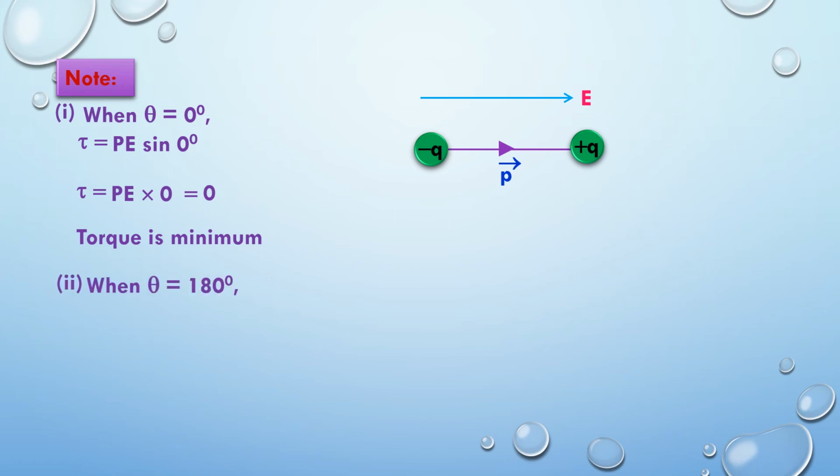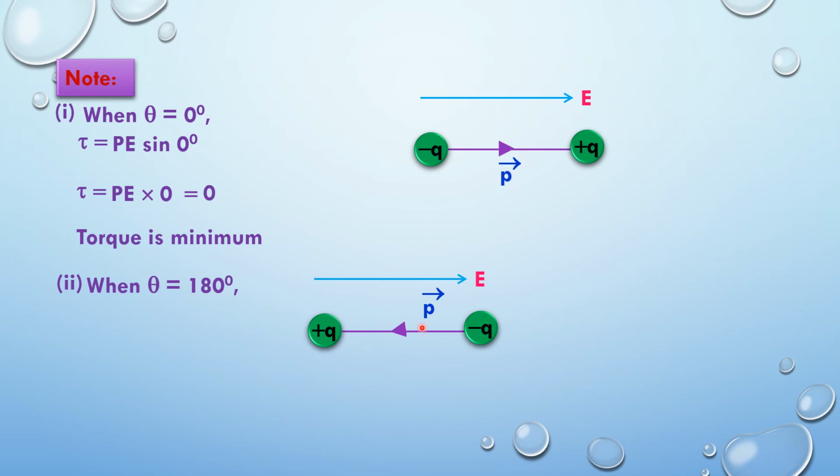Second case, when theta is equal to 180 degrees, the electric dipole moment should now be aligned in the opposite direction of electric field. So what I get over here is electric field is moving from left to right, whereas dipole moment is moving from right to left. In the above case, both of them are parallel to each other.